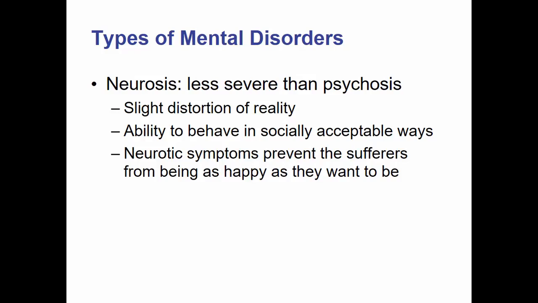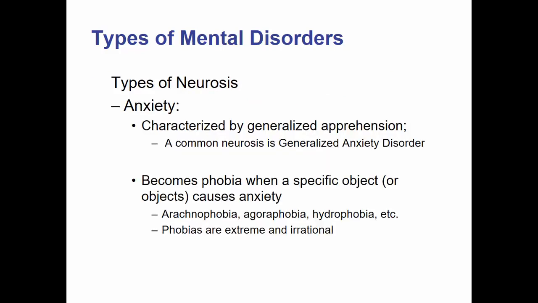And the neurotic person is able, even in a deep neurosis, to behave in socially acceptable ways for the rest of society, even if their mental disorder might be making them miserable. The neurotic symptoms prevent the sufferer from being as happy or as effective in society as they want to be, but a neurotic person rarely impacts other people in the way that a psychotic person does.